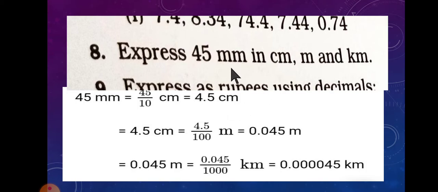Now 1 millimeter is equal to how many meter? 1 millimeter is equal to 1 upon 100 meter. So in 4.5 we will multiply by 1 upon 100, and in 1 upon 100 there are two 0s. So from the right side we will count.